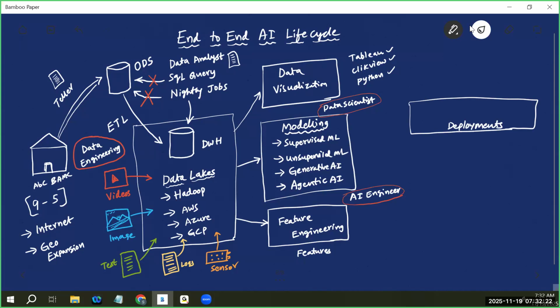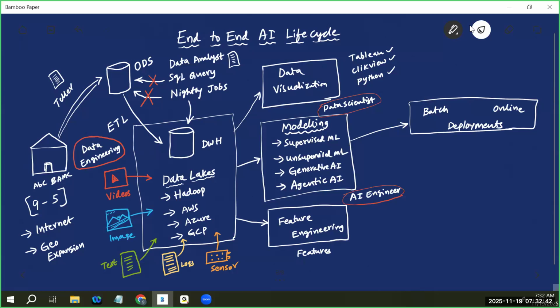And we are talking about deployments of both classical machine learning and newer AI techniques like generative AI, LLMs, and so on. In deployments, there are two deployment techniques, which are called batch and online.